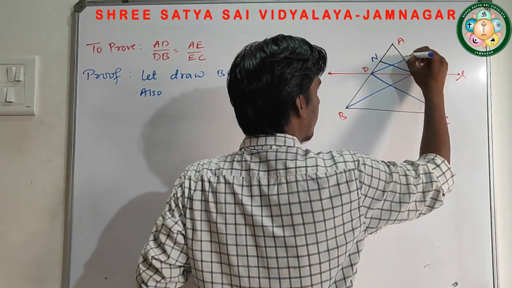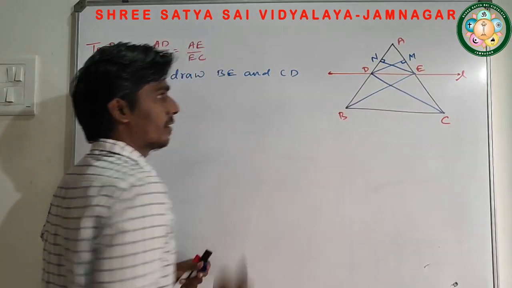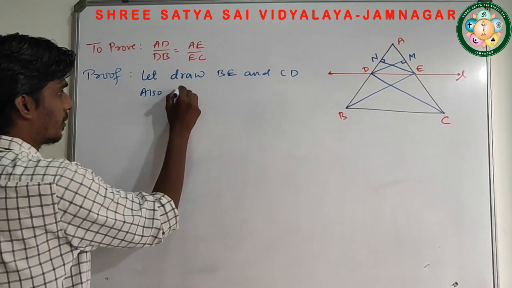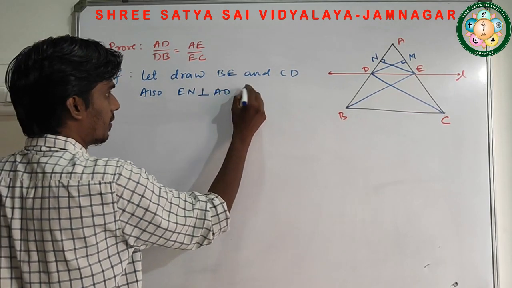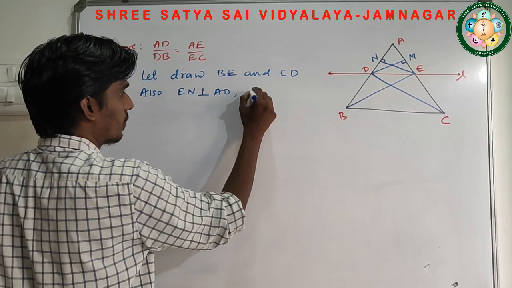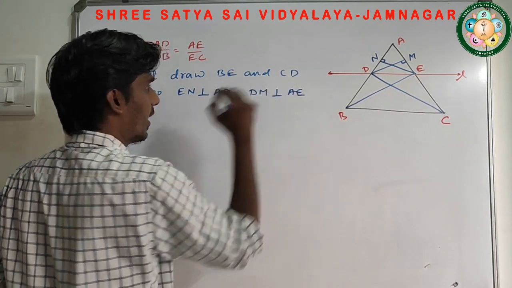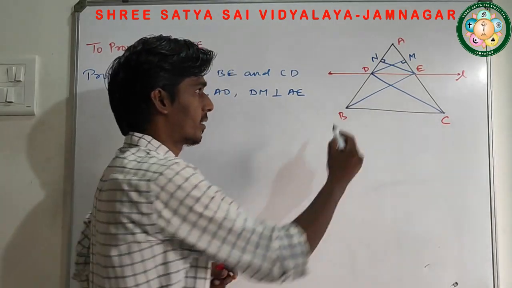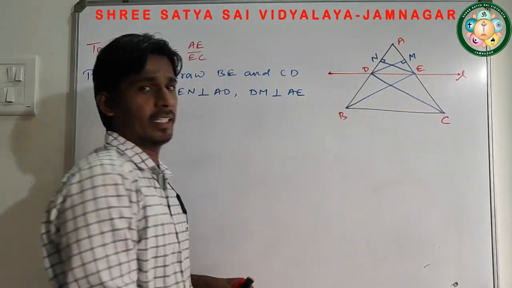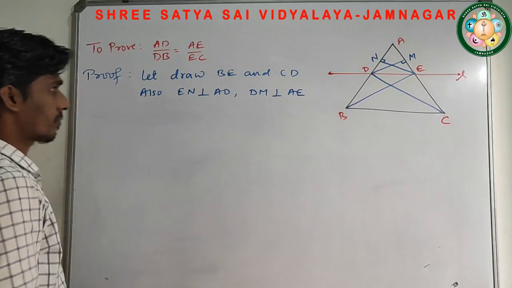Another is DM. Also, we can write EN is perpendicular to AD and DM is perpendicular to AE. So we draw two perpendiculars. We consider these two lines BE and CD just to form triangles BDE and CDE.